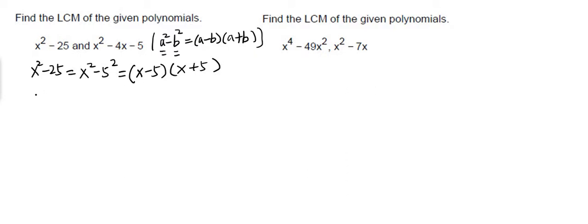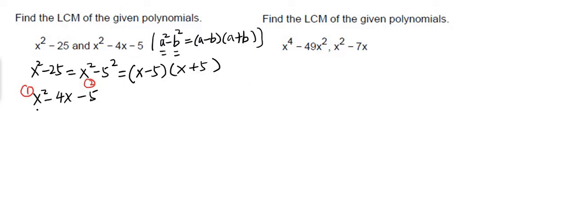And for the second polynomial, we're gonna follow 3 steps. Okay, so the first step, we're gonna identify the first term and the last term, and we're gonna break these two terms down using the factoring method.